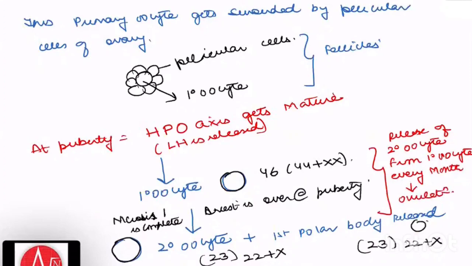So ovulation में ova release नहीं होता. Ovulation का मतलब है that the primary oocyte is getting converted into secondary oocyte.